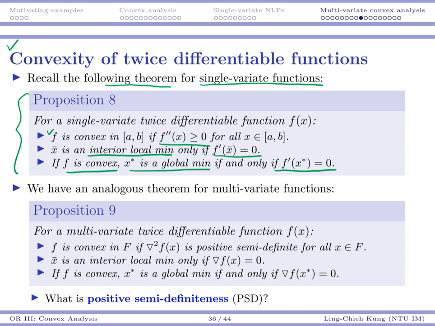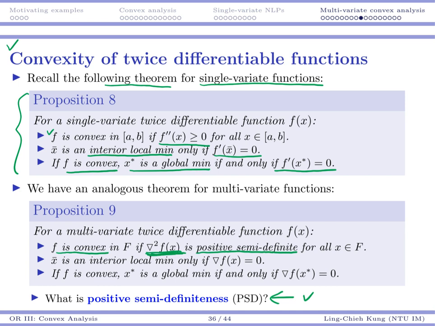Now we have an analogous theorem for multivariate functions. f would be convex if the Hessian matrix, which is obviously some kind of second order derivative, is positive semi-definite, which is something that we will explain on the next page.